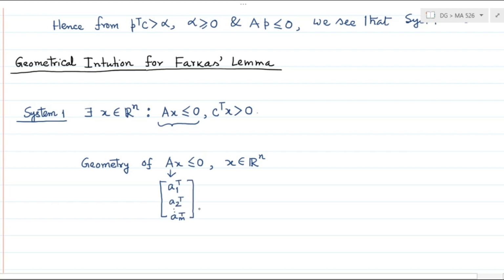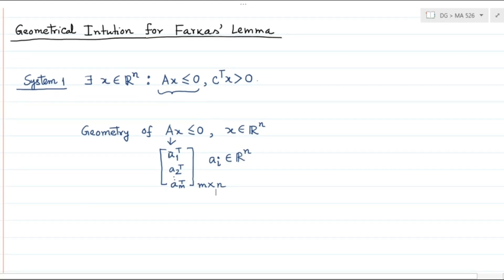Here each and every Ai is an n-dimensional column vector, and this will then constitute the matrix A, of order m by n. Now if we in particular choose 2 to 3 elements, let's suppose A involves 3 vectors. Here is your origin, and A1 is this vector.